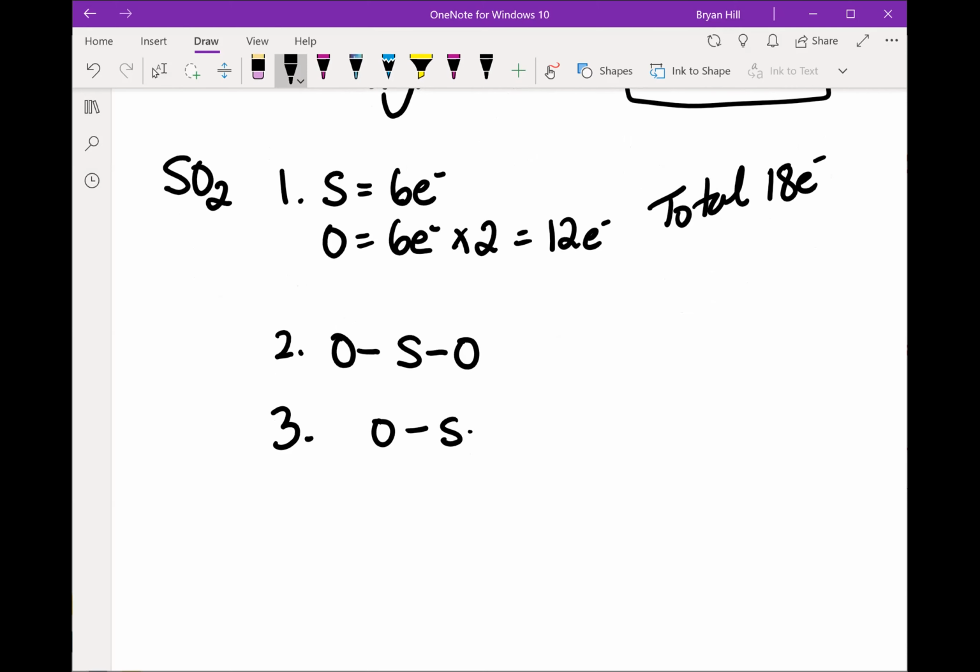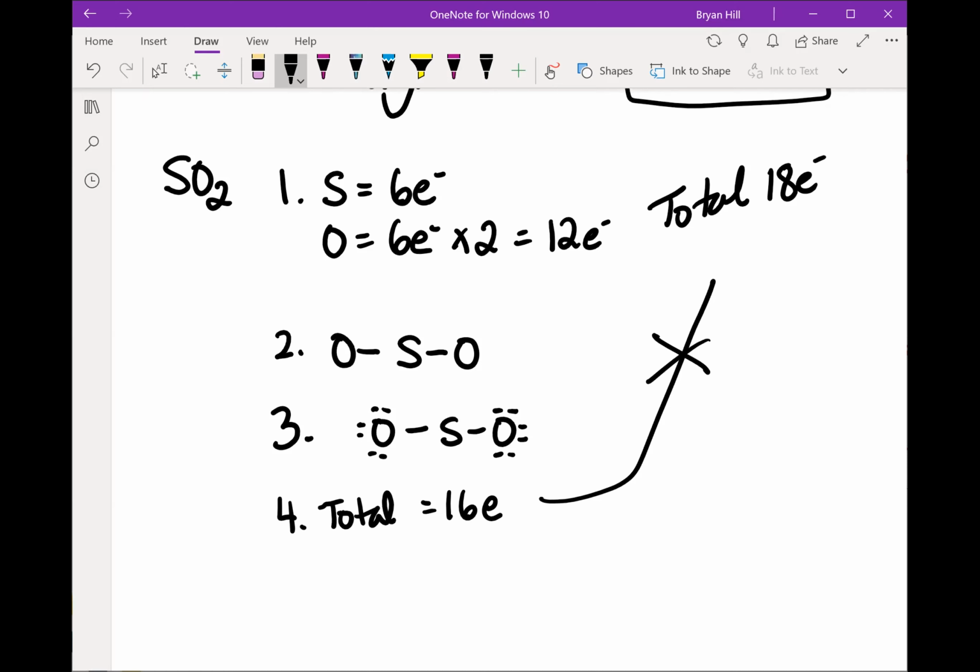So we need to fill in the lone pairs on the oxygen. 1, 2, 3, 4, 5, 6. 1, 2, 3, 4, 5, 6. So now each oxygen's got a complete octet. Step 4 is total the electrons. So we've got 2, 4, 6, 8, 2, 4, 6, 8, which equals 16. But this is not the same as our total.